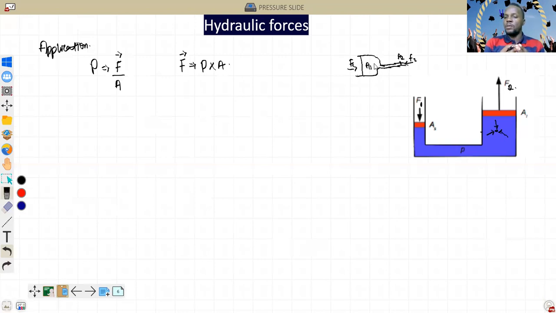As a result of equilibrium, what happens? The force will balance the other force. That is, the pressure at one side is equal to the pressure at the other side. If pressures are equal, I'm telling you how all hydraulic lifts and hydraulic forces work. They work in the same manner.